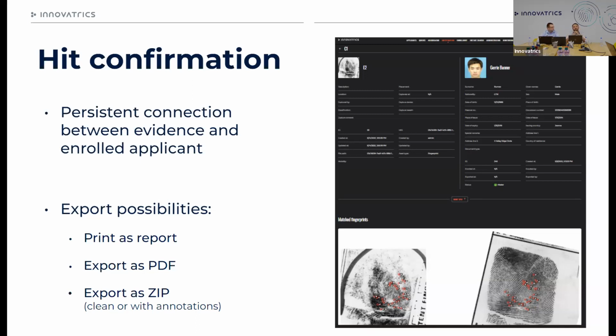But also something very interesting is that you can export this report as a PDF. You can either print it, or export these samples as a zip file. This zip file will contain the samples unedited and also edited after some corrections you may make. This is quite helpful because it might allow you to personalize the reports that you need to present in court.